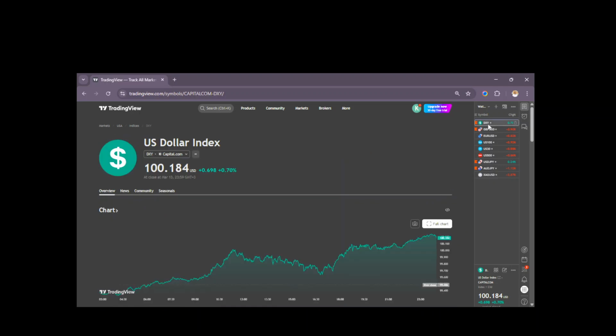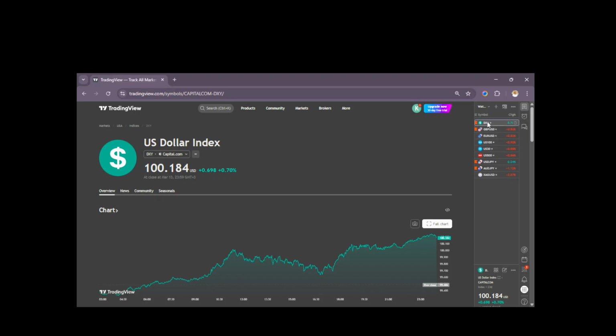Normally, before anything else, first things first, we start from our DXY. This is just a dollar index that tells us how strong the dollar is. Most of the pairs that we trade, for example the GBP and the EUR/USD, have the USD as the quote currency.